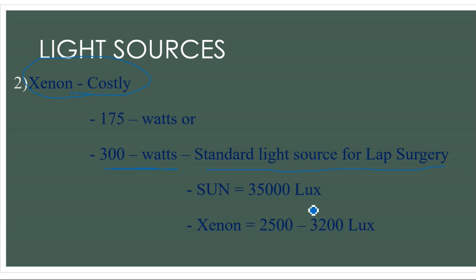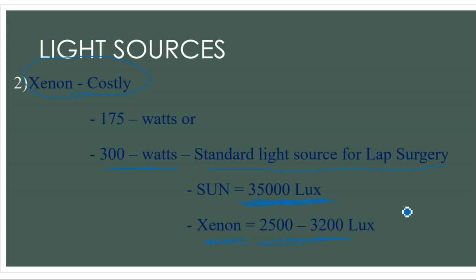It is one of the characteristics of any light, and the sun gives almost 35,000 lux of luminous flux, or let's say illumination or brightness. Compared to the sun, the xenon light source is in the range of 2500 to 3200 lux. I'm giving this data just to give you an idea to compare the xenon light source with sunlight.